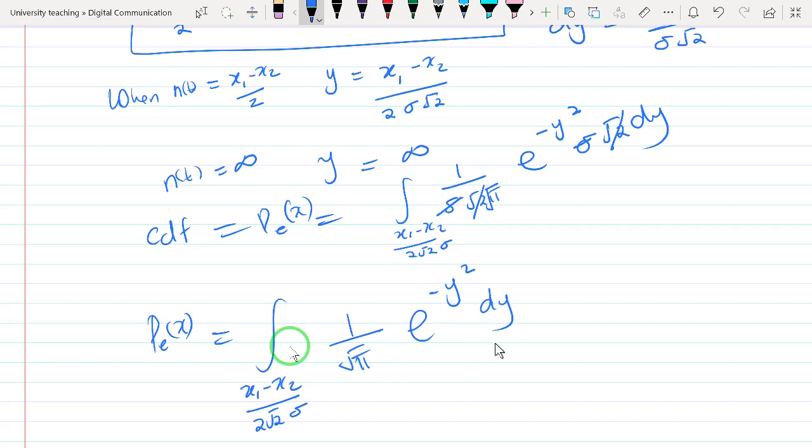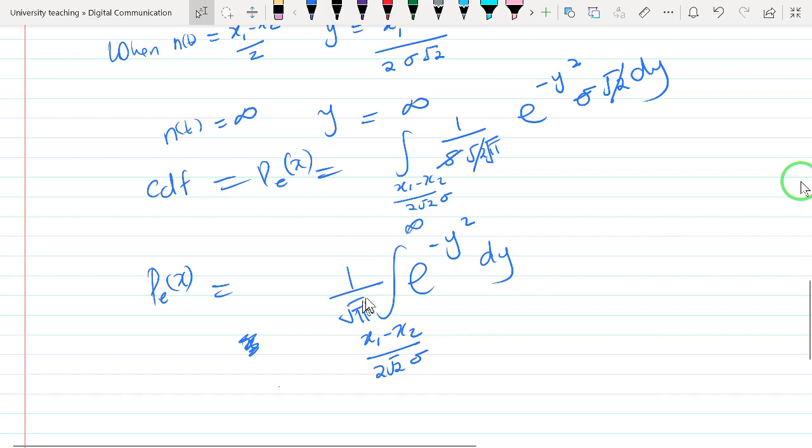There is something we know about the error function. I've just moved the constant outside the integral, and now with this form, we just need to introduce one more concept here.